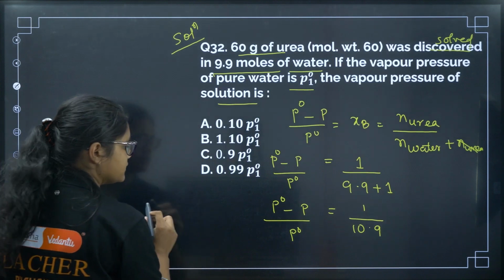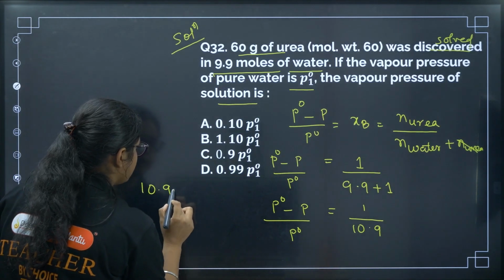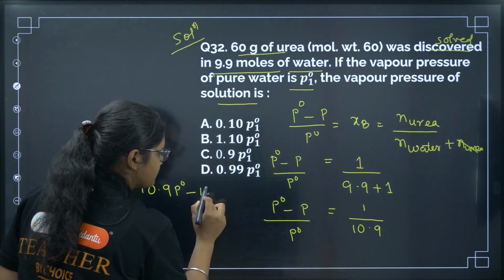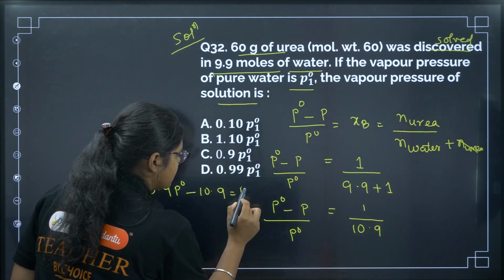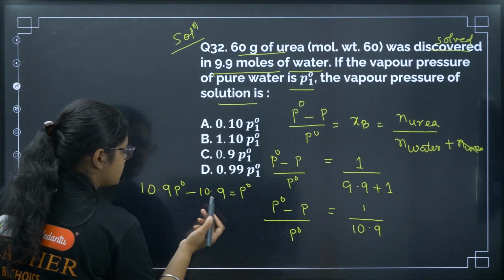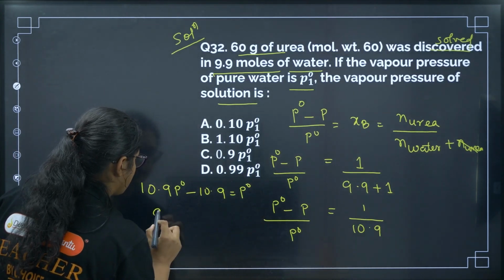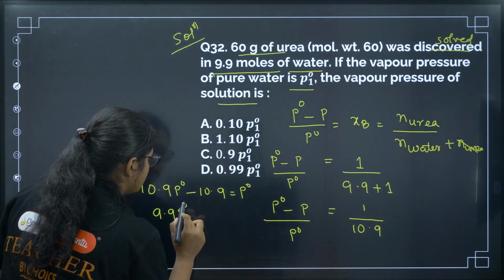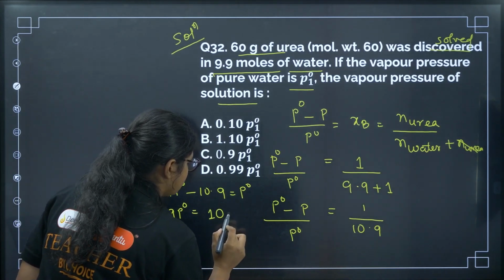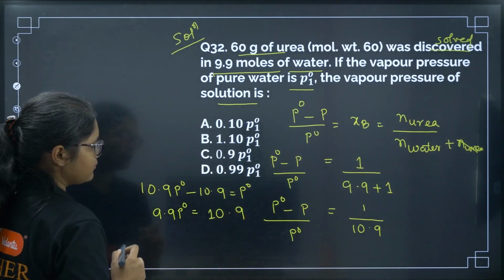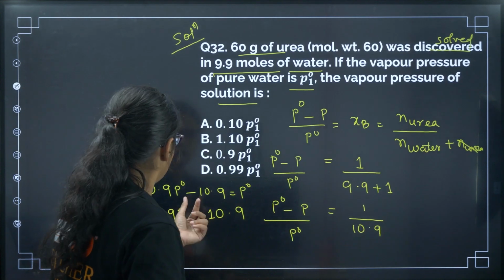So now if I solve this equation, I'll get 10.9 P0 minus 10.9 P is equal to P0. Now we can take this to this side, we will get 9.9 P0 is equal to 10.9 P, right? I hope the calculation is correct here.